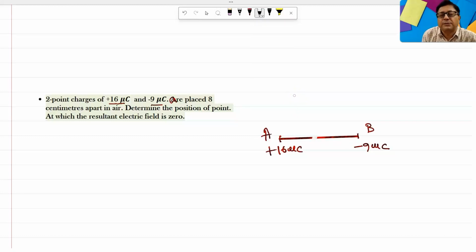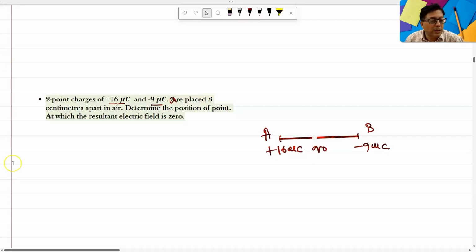This point, I mean on the line segment joining two charges. If we keep vanishing this small test charge Q0 over there, does it experience 0 force due to plus 16 or minus 16? No, never. We'll be using formula, but I'm just discussing the situation with you.